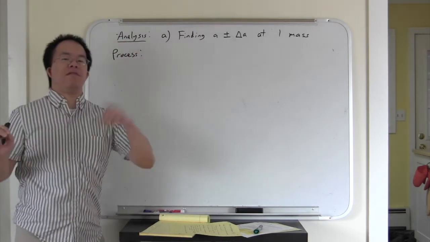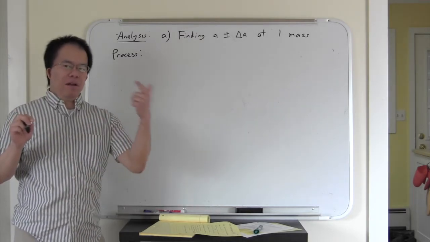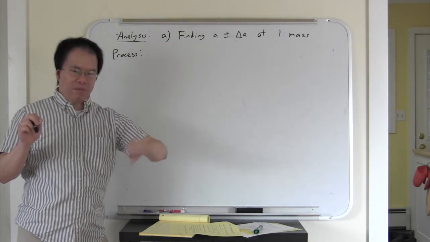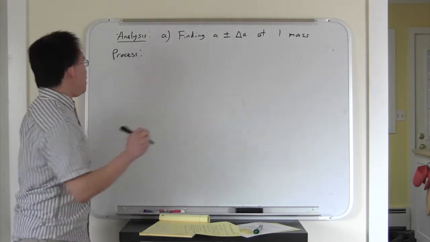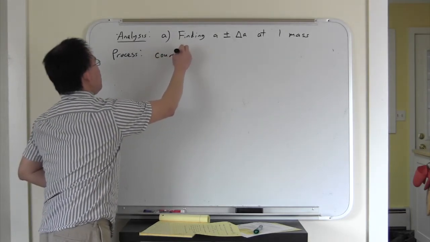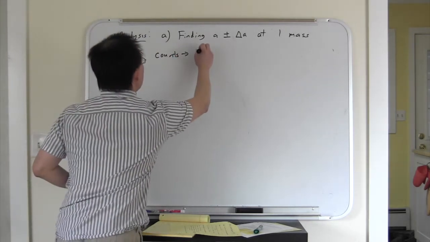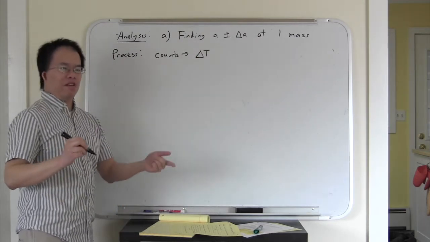We know we have the counts for the rotating pulley, that are related to the time it takes the pulley to turn 1/3 of a rotation. So we know the counts, and that leads to a time interval for that 1/3 of a rotation.